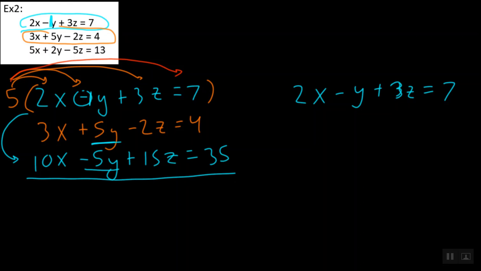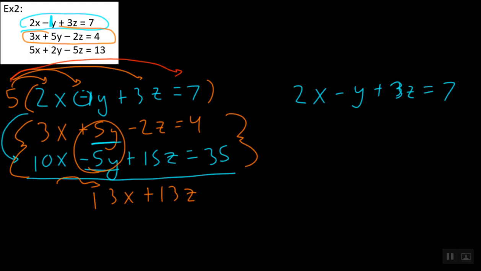Now you will notice that when I take these two equations and add straight down, I have 3x plus 10x, which is 13x. 5y minus 5y cancels, and negative 2z plus 15z will in fact give me 13z is equal to 4 plus 35 is 39. And there is one of my new equations.